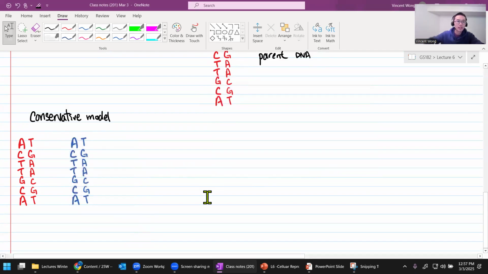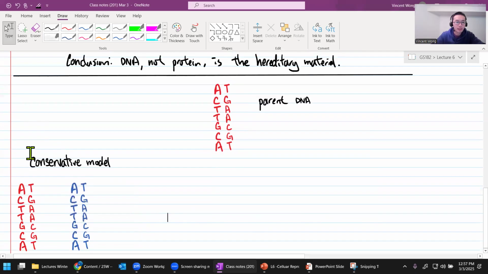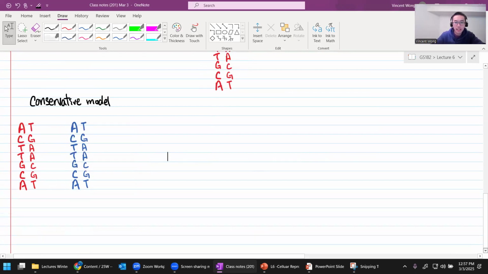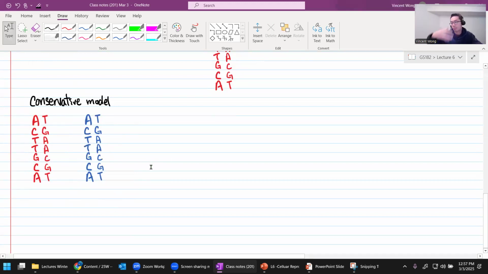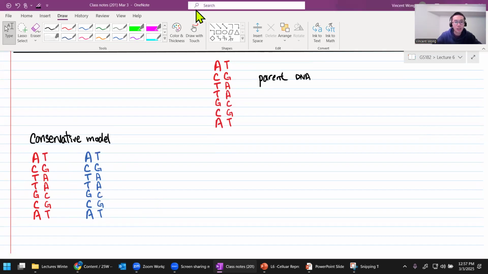So that's the conservative model. One strand is going to be made up of old material, the original material, and then you're going to have a strand that is made up of entirely new material. These nucleotides may be just floating around in the cytoplasm and you're able to use them. So that's called the conservative model right there.